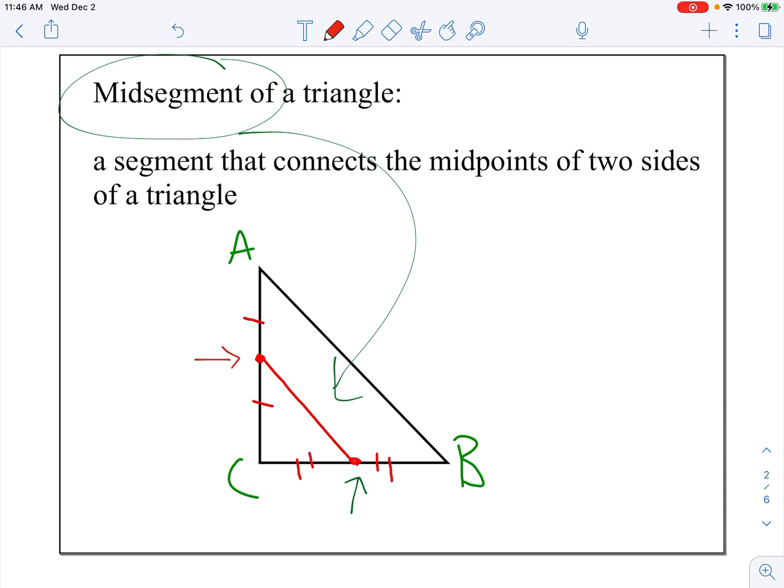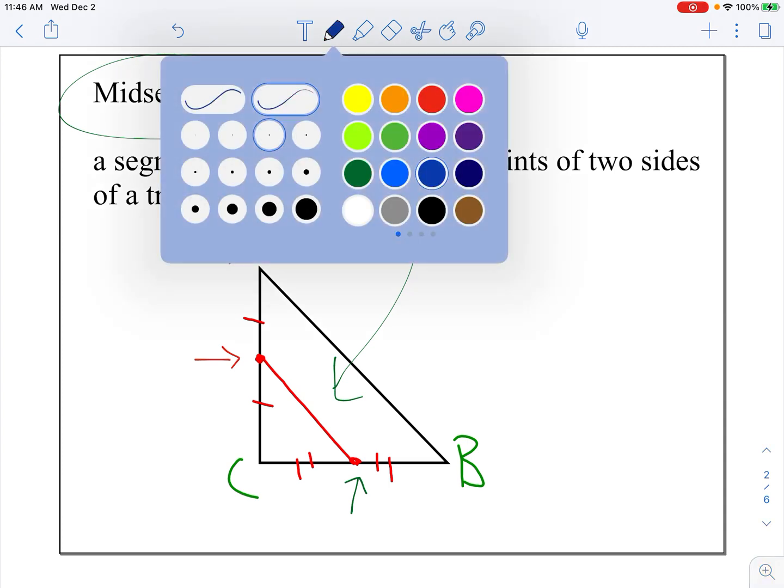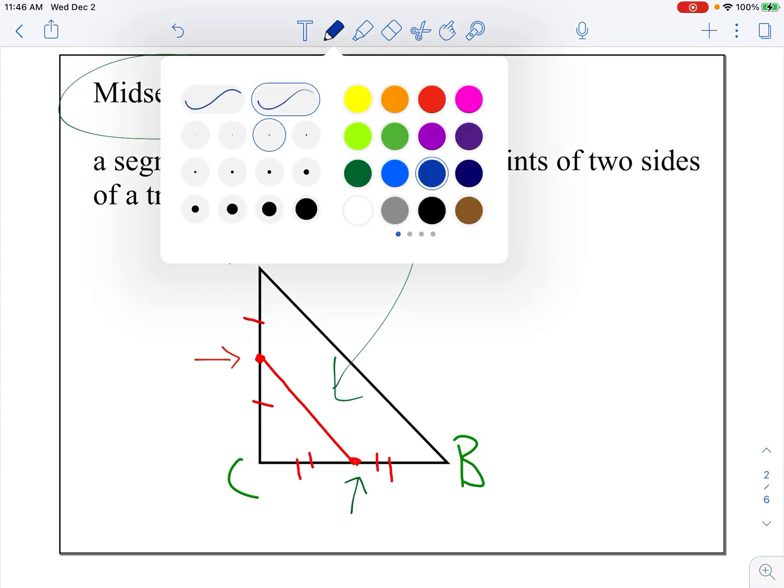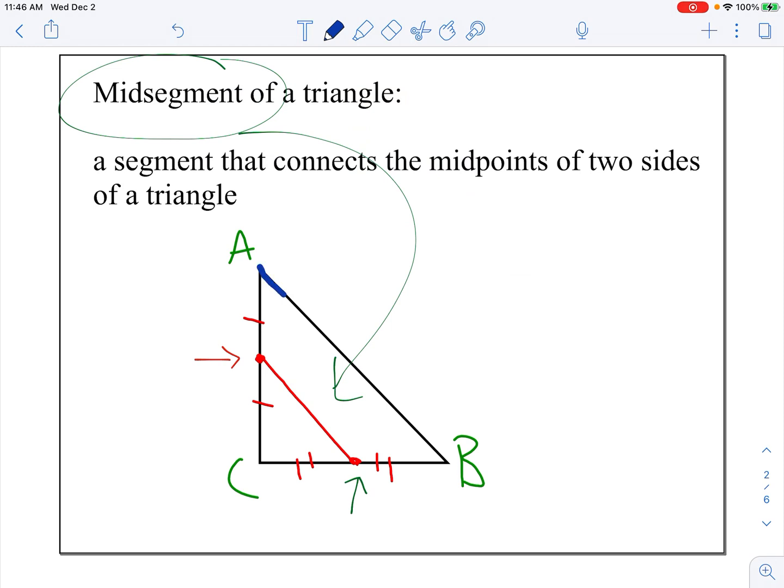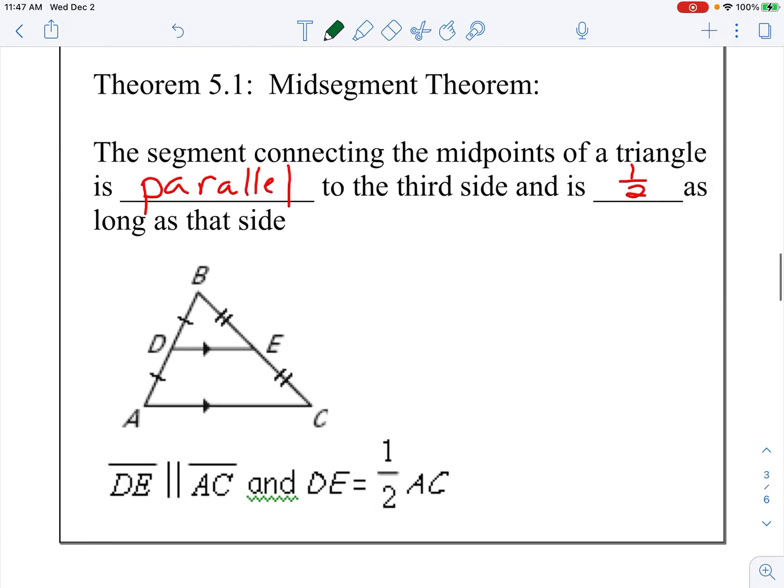There's one side that it does not connect, and in this case, that side is AB. There are 2 relationships that you need to know when you compare a mid-segment to that third side. It is going to be parallel to it, and it is going to be half the length of it. So if this length here was 10, then this length here would be 20. Those are the 2 things you need to know about a mid-segment.